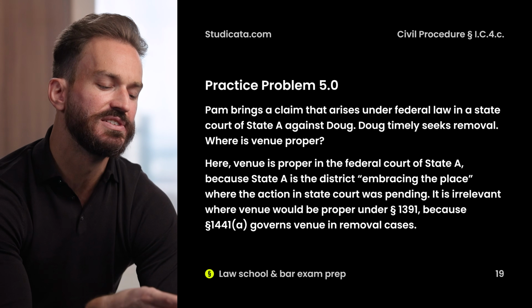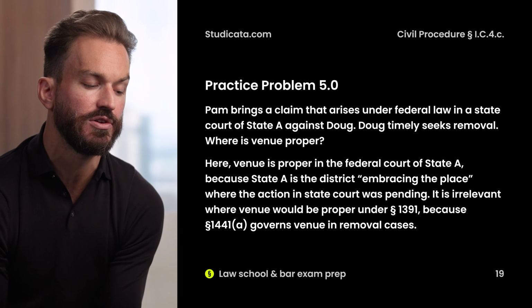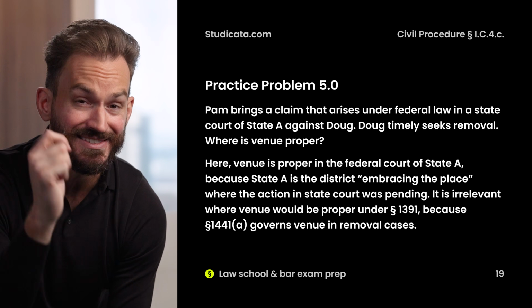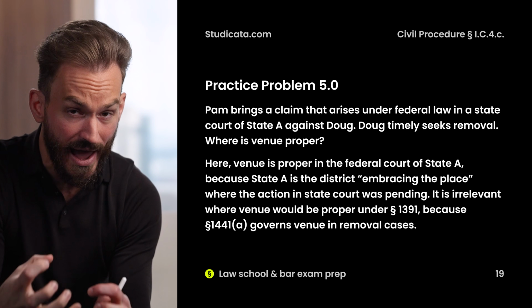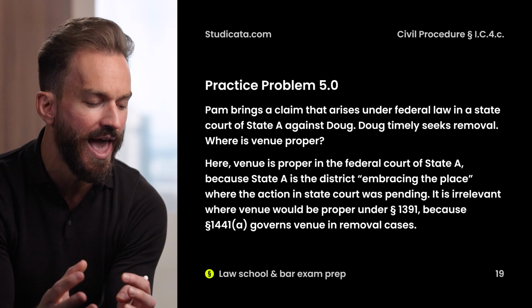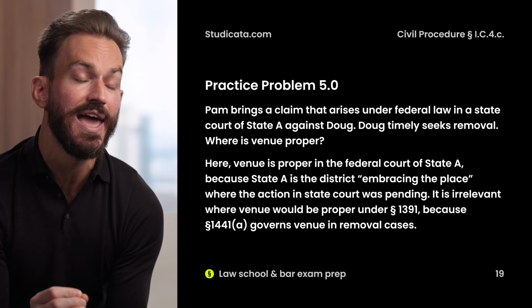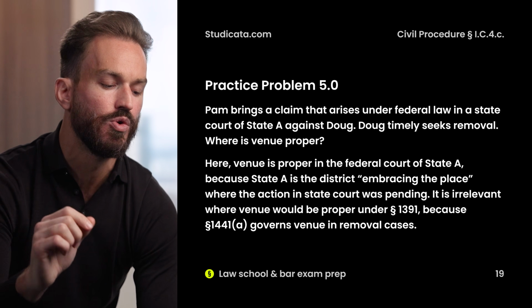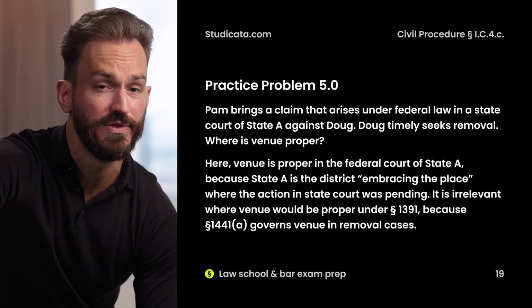So again, this is very easy. Pam brought her claim that arose under federal law in a state court of state A. So that's where the action is pending. The action is pending in state A. So because state A is the district embracing the place where the action in state court was pending, that's where venue is proper.